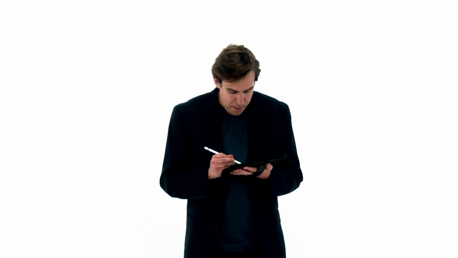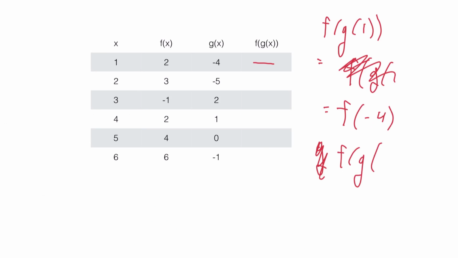It's a missing value here. How about f of g of 2? Well, g of 2 is -5. And again, I don't have that value here. So it's looking fairly hopeless. I don't really seem to have very much information.